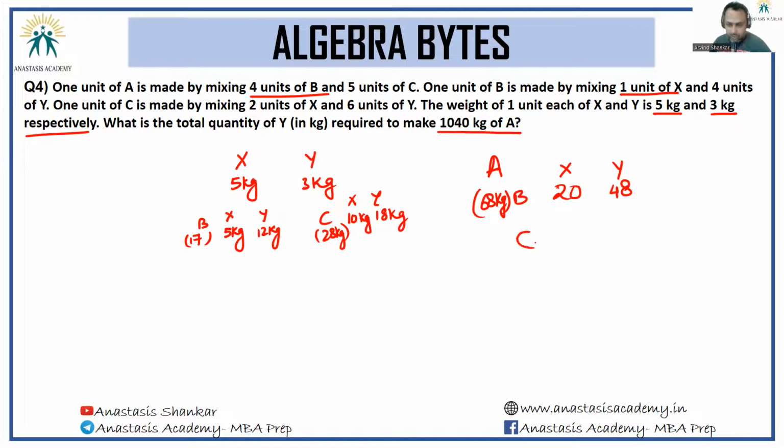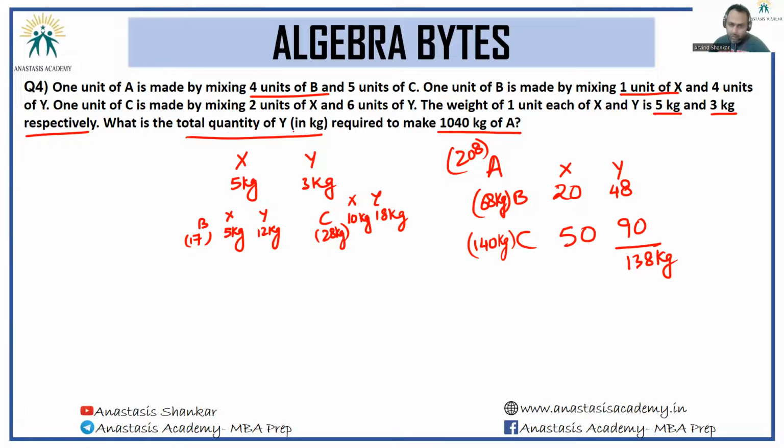And C has 5 units, so 140 kg total, of which X and Y split as 10 by 28. So X would be 50 and Y would be 90. So in total, out of 208 kg of A, Y is 138 kg. I'm only concerned with that because it is the final thing that I have to work with.